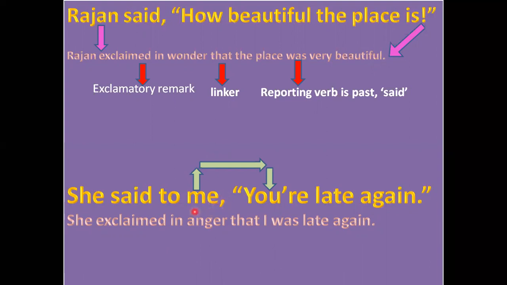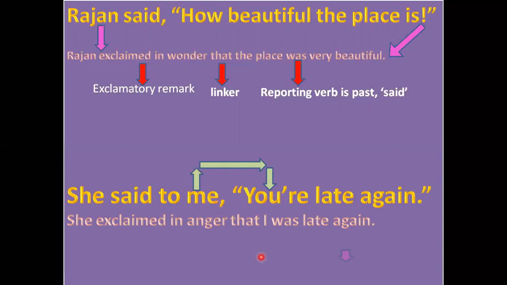Here, she is telling something to me. All right, so listener is me. And in the reported speech, I have told in my last class, the second person is always connected to the listener. All right, that's why this you is connected with this me.